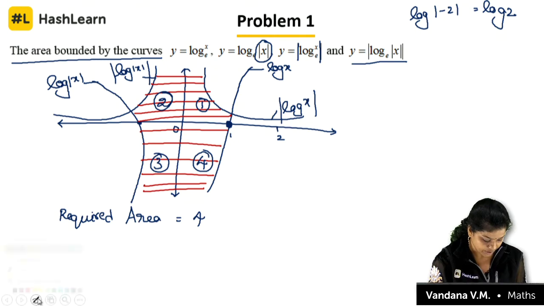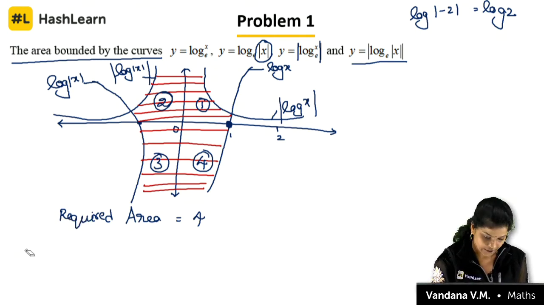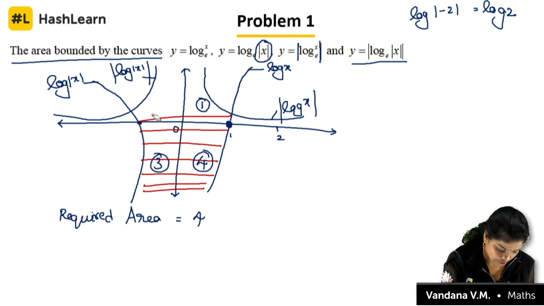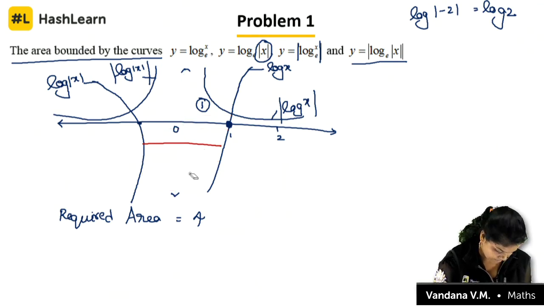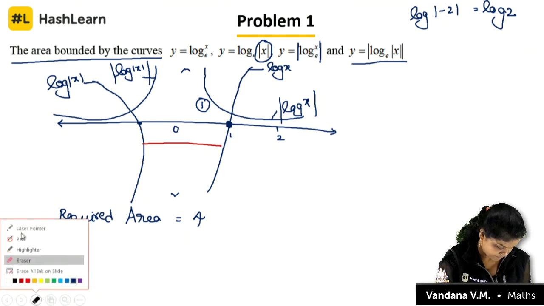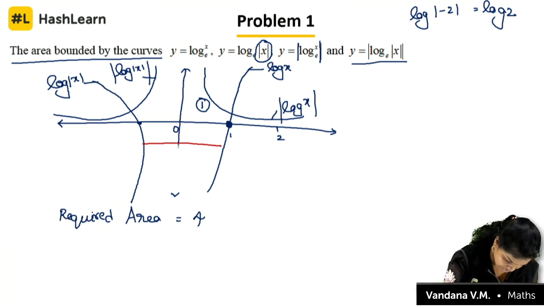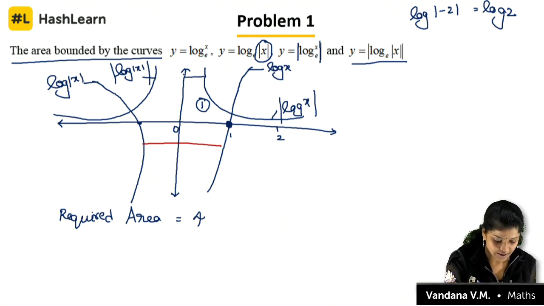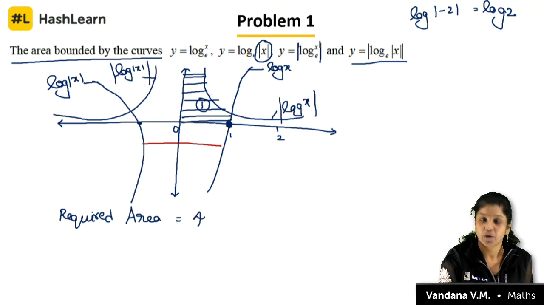So I will take only this area because I know the limits 0 to 1.